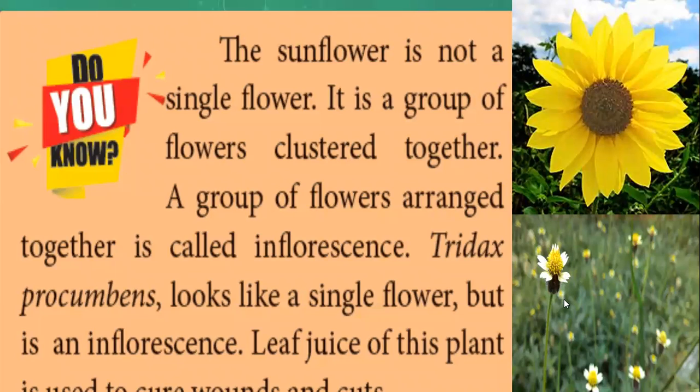The leaf juice of this tridax is used to cure wounds. If there is any wound or damage on our finger or other parts of our body, the leaf is used to cure the wounds. This is a 'Do you know' box they have given, so we can understand this is not a single flower, this is a group of flowers.